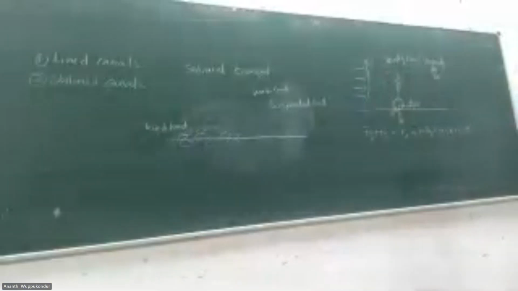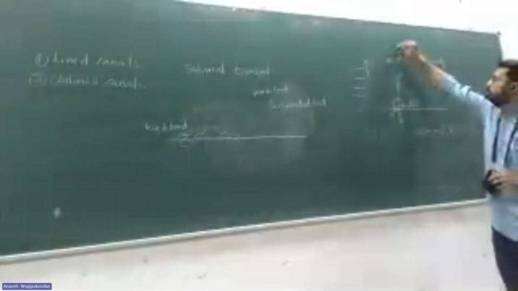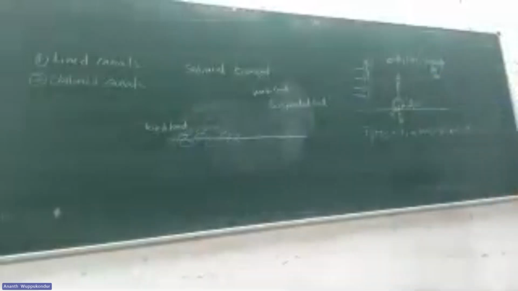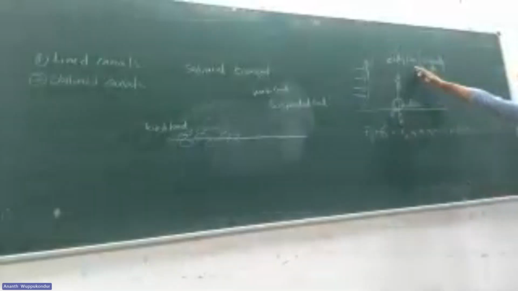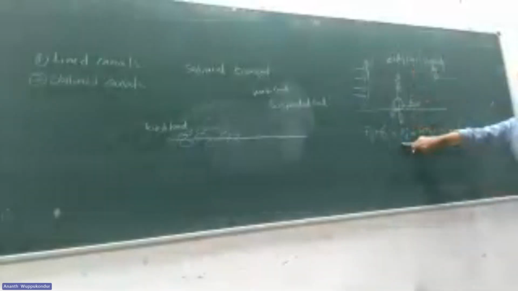Now, to simplify things for our case, let us say we are looking at steady flow, and let us assume the lift force is negligible. So if it is a steady flow, then we would not have any inertial force.